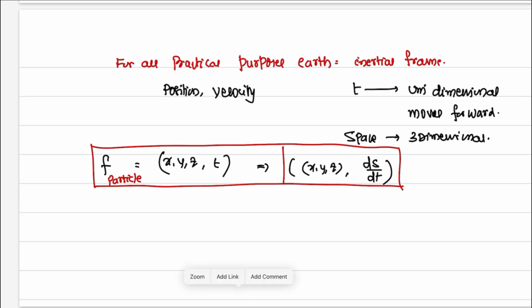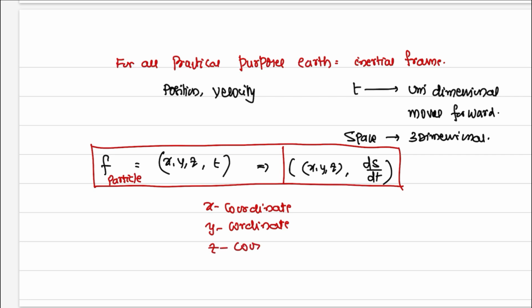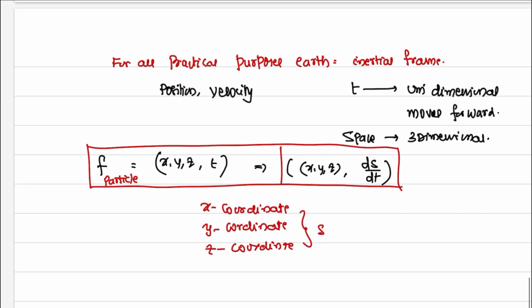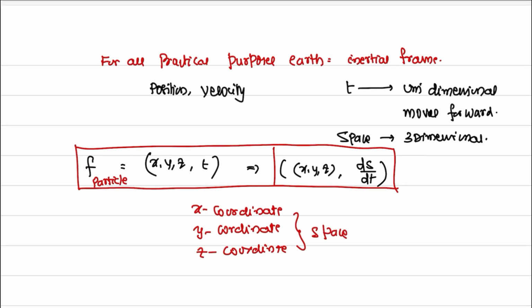How many things? X coordinate, y coordinate, z coordinate. These are all space coordinates, and the time coordinate.